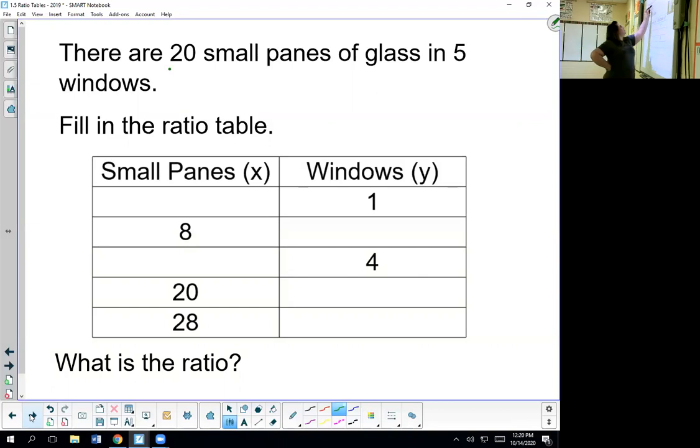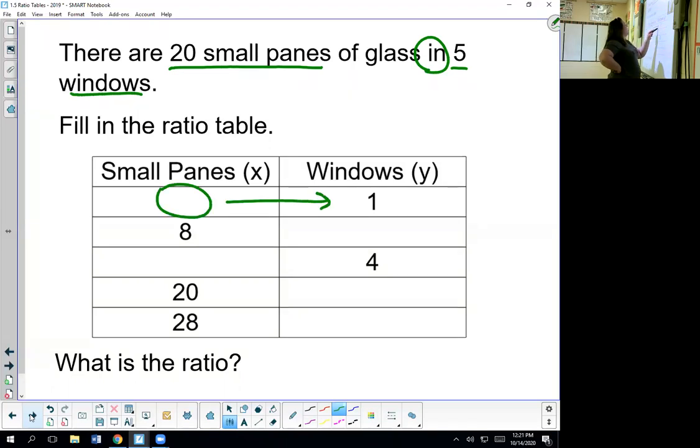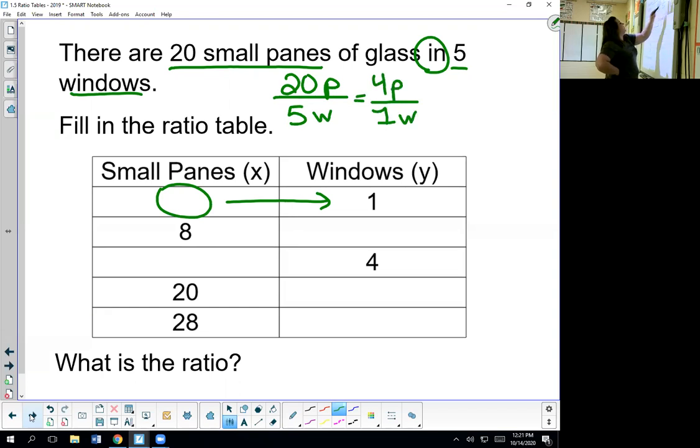Well, 20 small panes in 5 windows. I want to know how many in 1. So you're basically taking your panes and dividing it by your windows. So you have 4 panes in 1 window. So this would be 4.